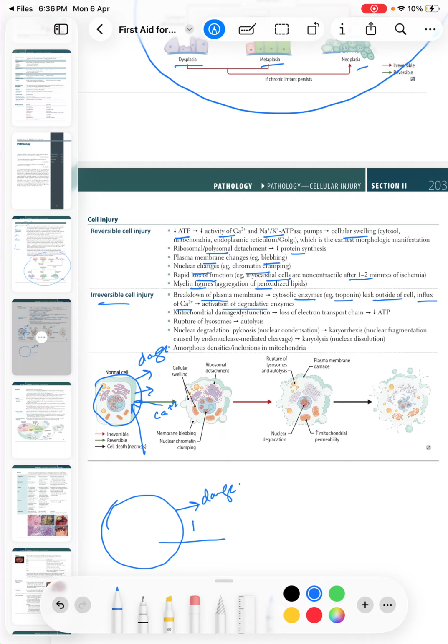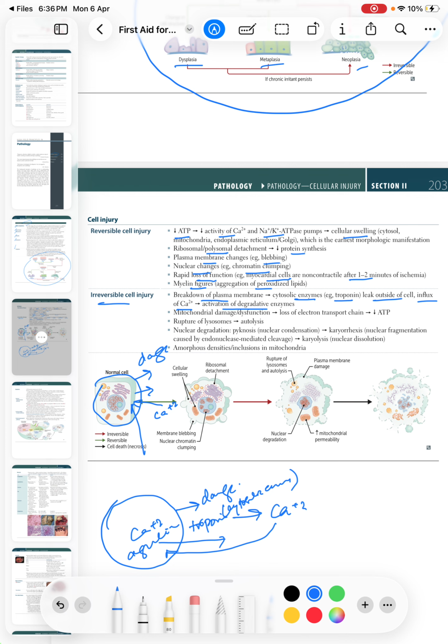As a result of this, the troponin leaks out of the cells, and this leads to the entry of calcium into the cells, which causes the degradation of the cells. So this is the irreversible cell injury.